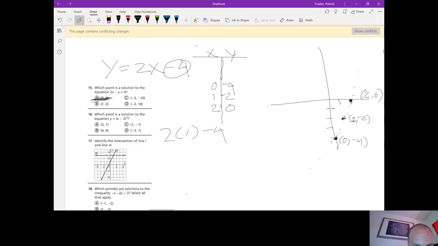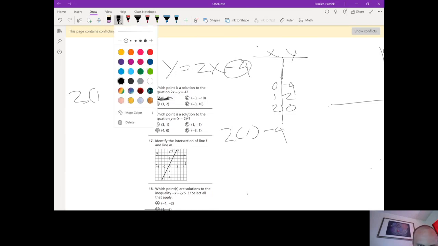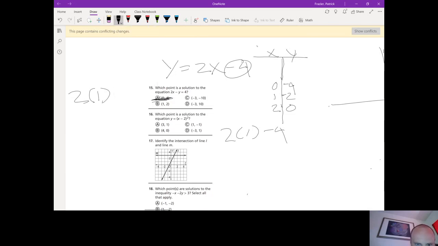And what about B, 1 and 2? So again, you put it in the original equation. 2 times 1 minus 2 equal to 4.